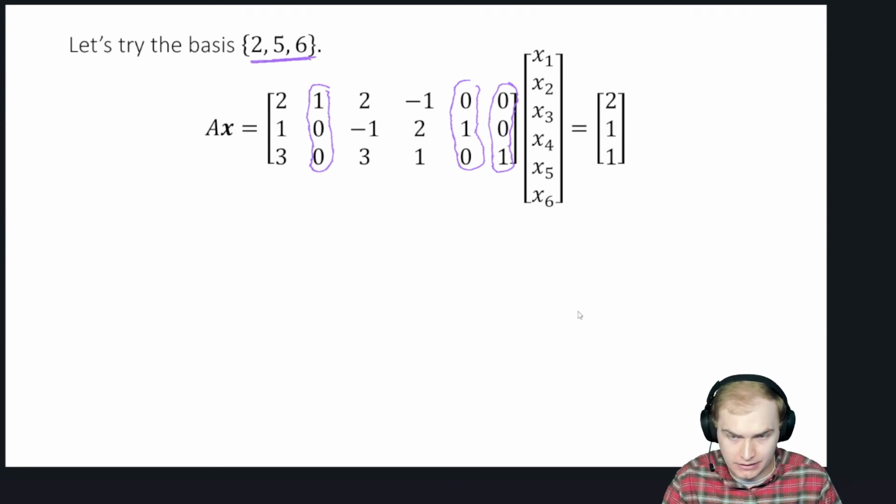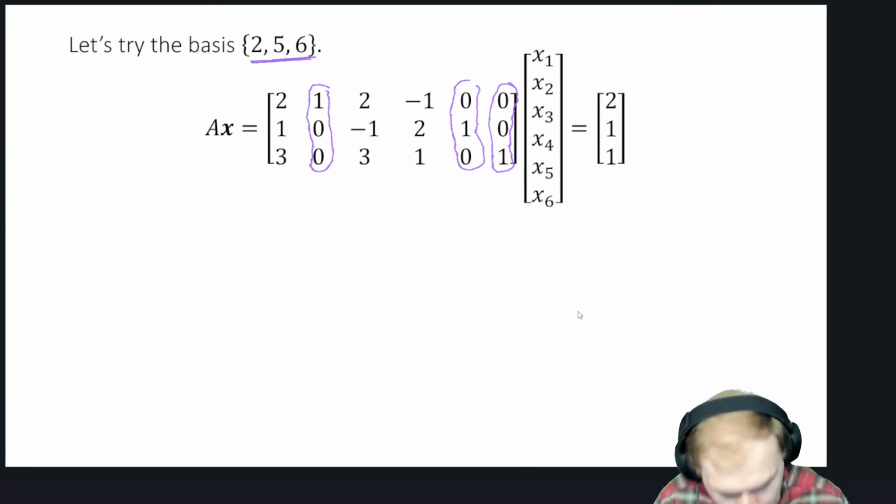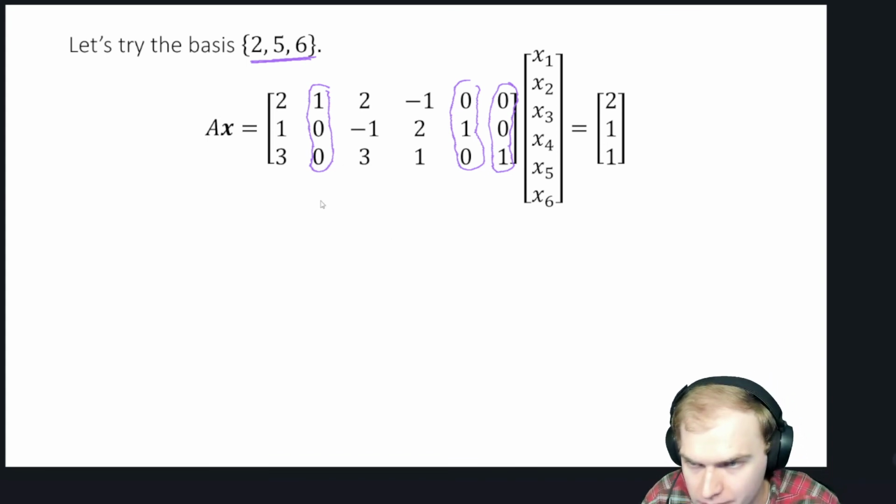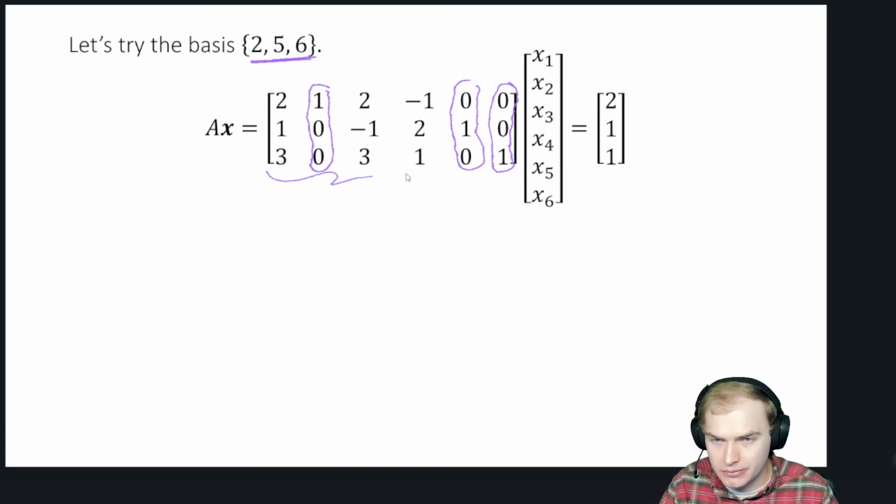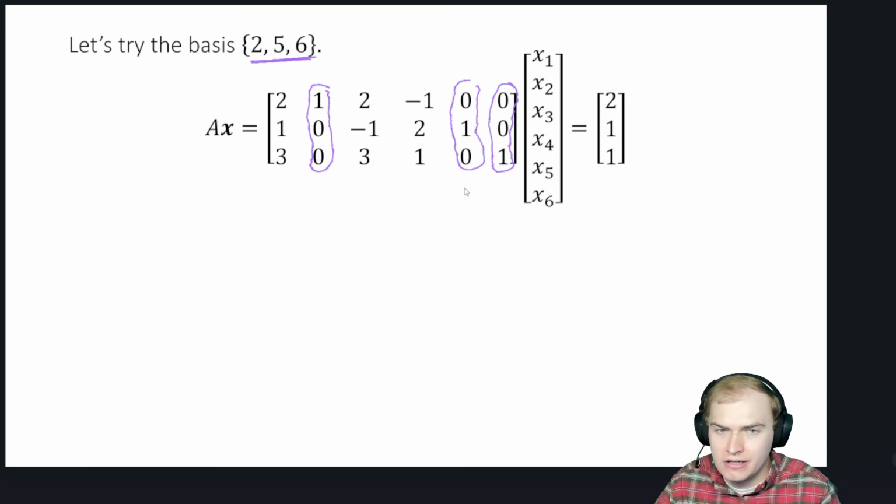Well, this is slightly different because before our basis lined up with the halves of the matrix. Here it does not.